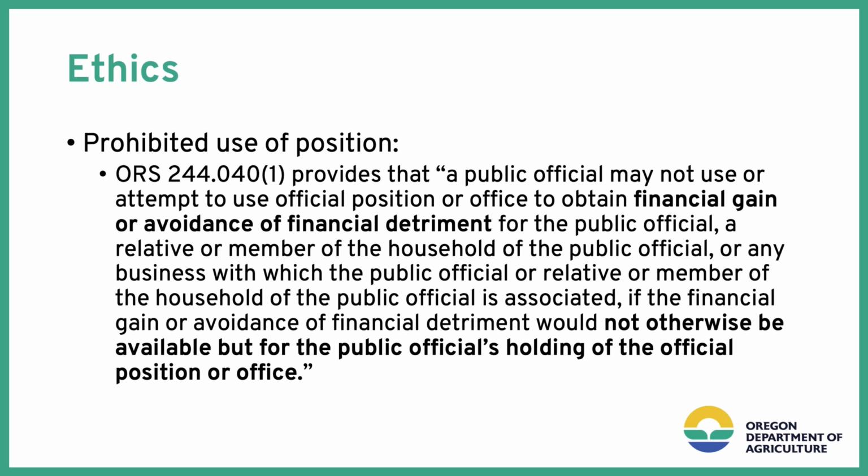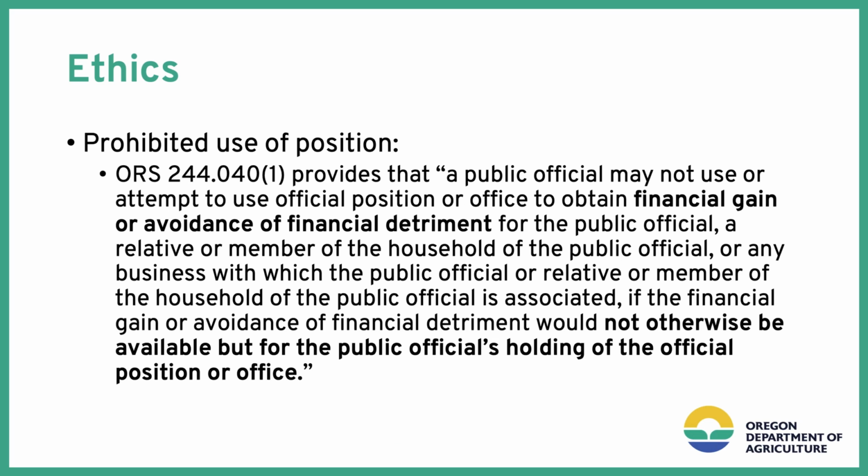Basic ethics law says that you can't use your office or your employment at a government entity for financial gain or the avoidance of financial detriment, if it wasn't for the fact that you hold that position. A very simple example is using the office copy machine to make some copies.